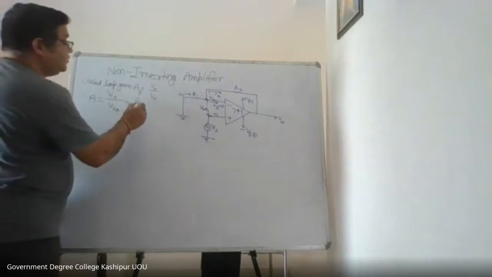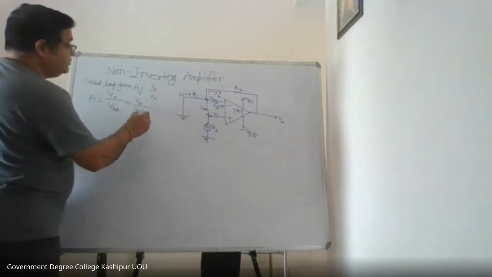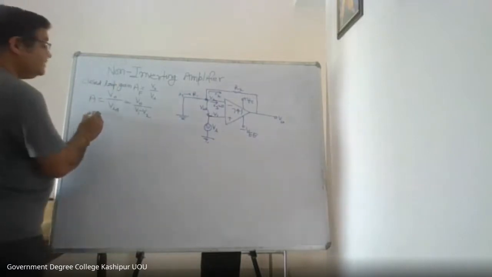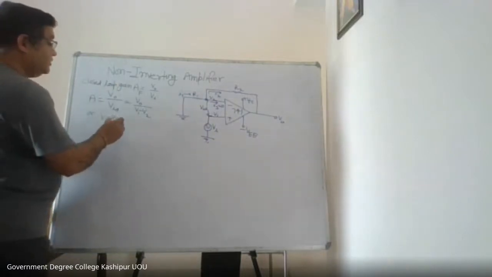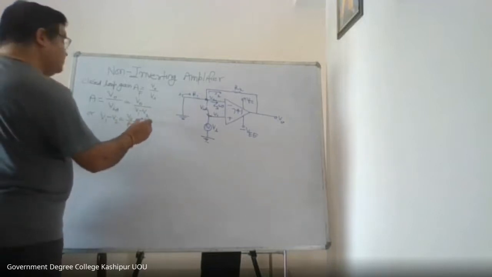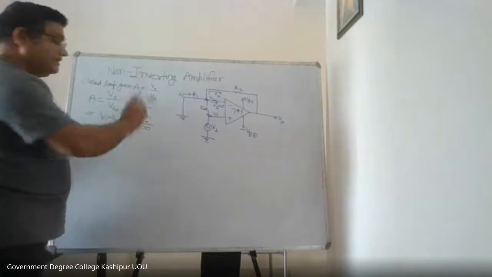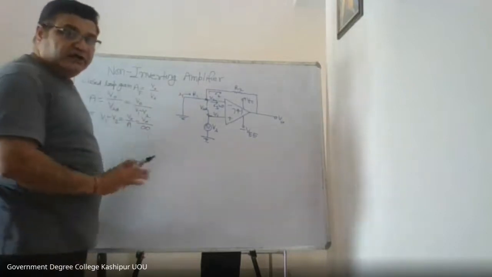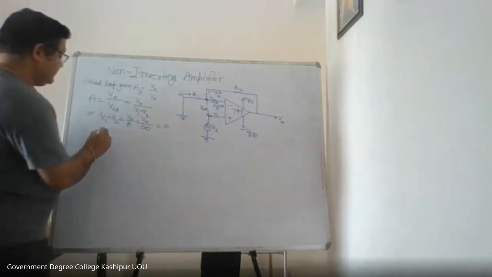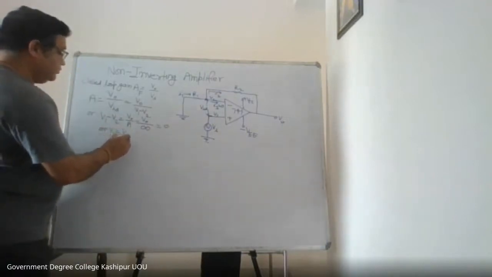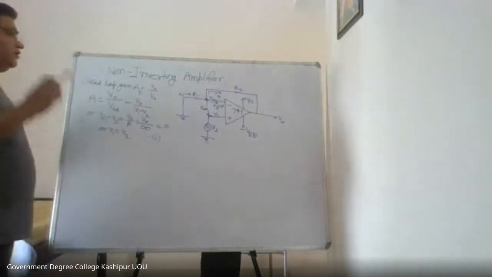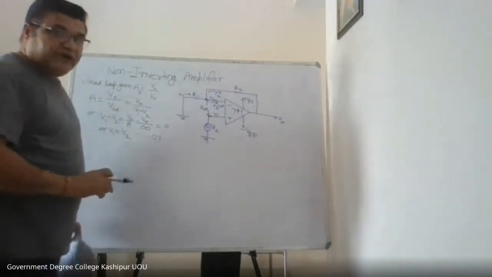Just put V1 minus V2 in place of VID, or V1 minus V2 equal to VO upon A. Since A is infinite in the ideal condition of the non-inverting operational amplifier, it will be equal to 0, or we can say V1 equal to V2. This is equation number 1 in the non-inverting operational amplifier.